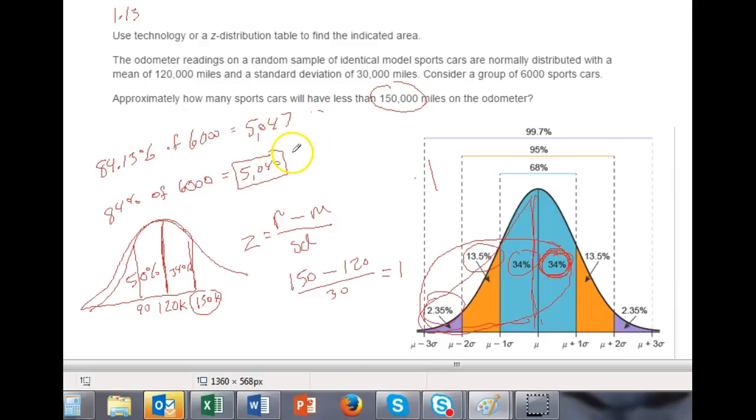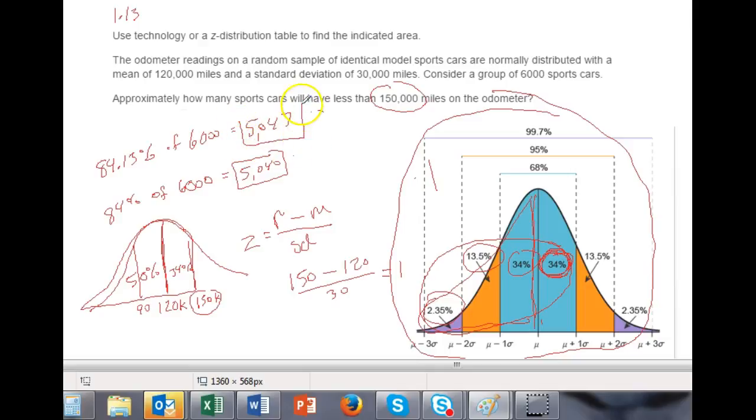But this is the difference between this original kind of breakdown of the percentages, which is pretty accurate, and the z-score table, which I'm hoping is a little bit more accurate, and that's something to be aware of. All right, but at least you got to see the process of using the z distribution table by first finding the z-score and then looking it up and finding the percentages. And thank you very much for watching. I hope this helped.